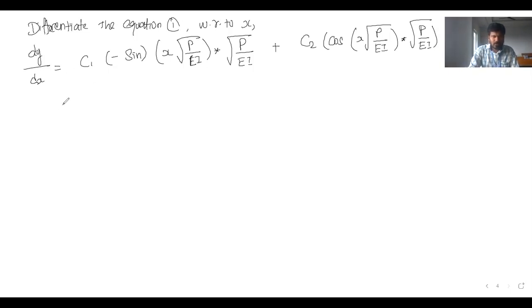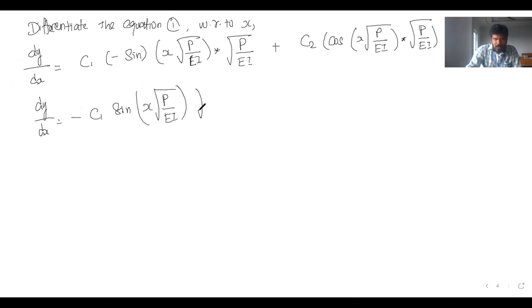Now the equation becomes dy by dx is equal to minus C1 into sin x root under P by EI into root under P by EI, plus C2 into cos x root under P by EI into root under P by EI.